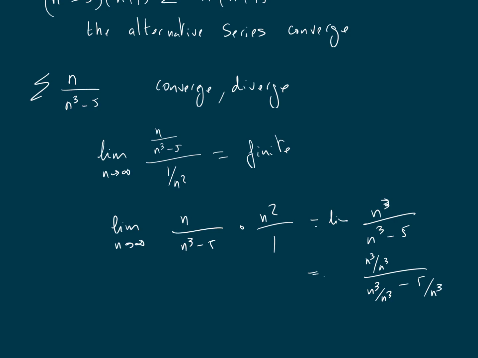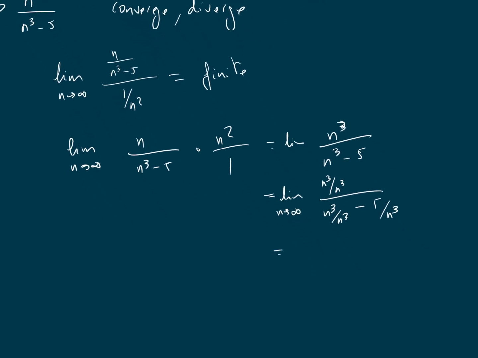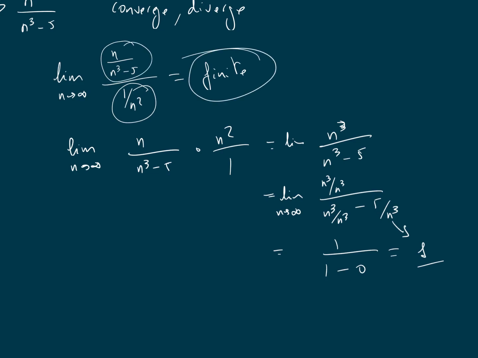When n goes to infinity, the limit will be equal to 1 minus 0. This will go to 0. So the limit will be 1, so it's a finite limit. Because it's a finite limit, what the comparison test is saying is that this converges, then this converges.